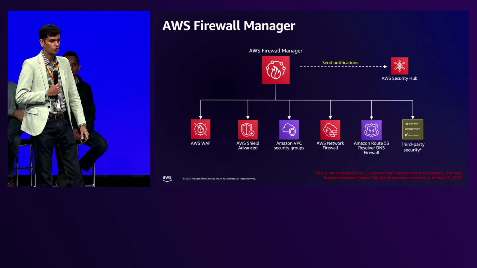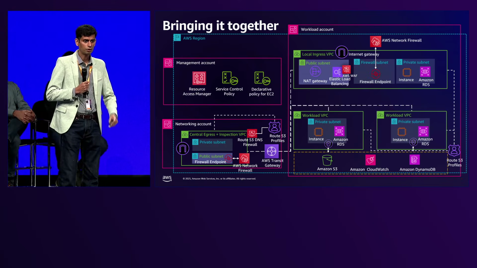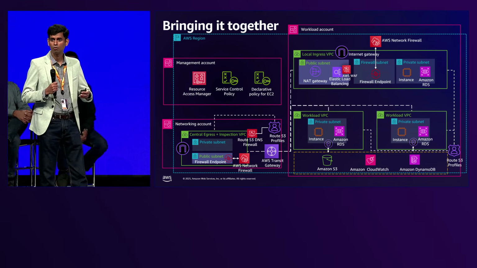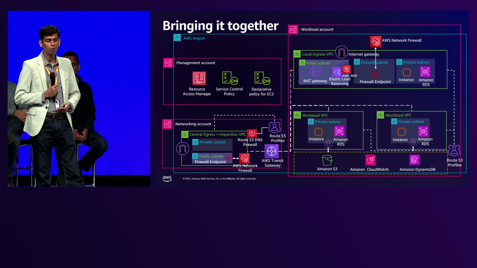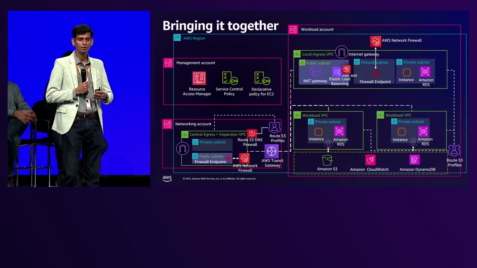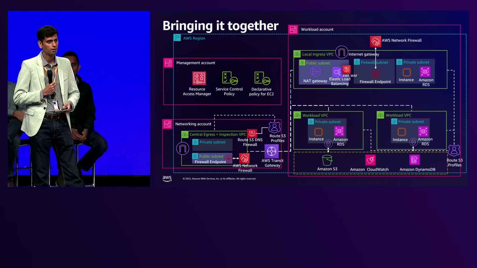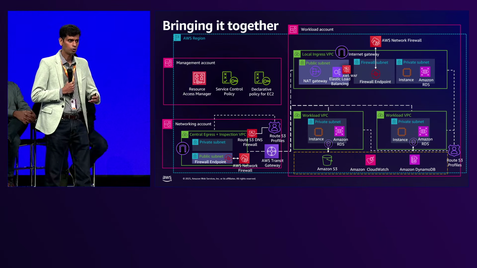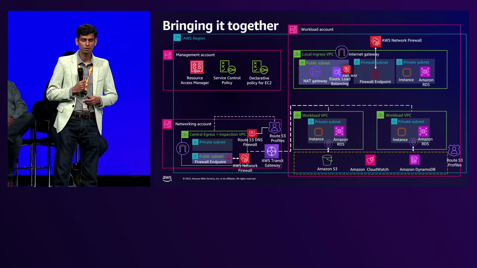All right, so we talked about several different components. We talked about how your architecture evolves from a single VPC into a multi-VPC and a multi-account architecture, and how you can apply those security controls for securing your disparate workloads. Now you can add those observability components to it.